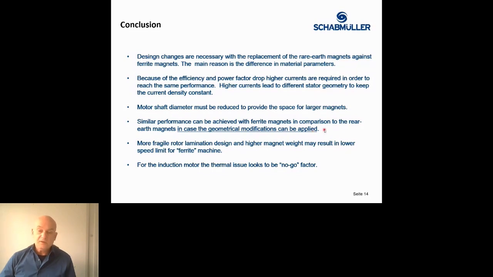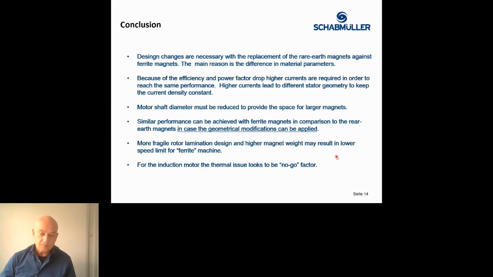And there's another element. Putting a lot of magnet material in your rotor core will lead to a more fragile rotor lamination design and a higher magnet rate, and this may result in a lower speed limit for your ferrite machine.